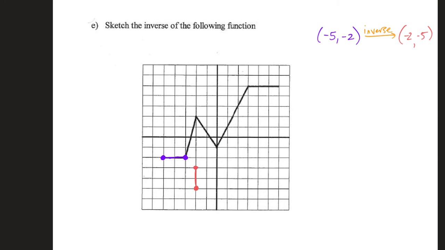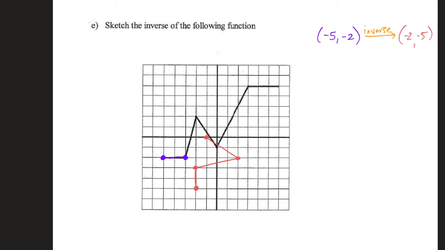Okay, then I can keep going. Take my next key point, which is at -2, 2. That's going to get inverse to 2, -2. Now I can go ahead and take my point at 0, -1. That's going to get an inverse to -1, 0. That one shouldn't be a surprise for us. When we take the inverse of a y-intercept, we're going to get an x-intercept. Because I'm interchanging the coordinates, the one coordinate that was 0 means in its inverse, the other coordinate is 0.